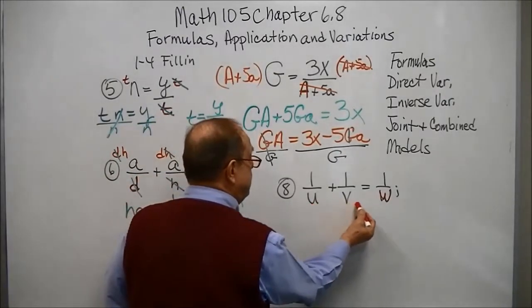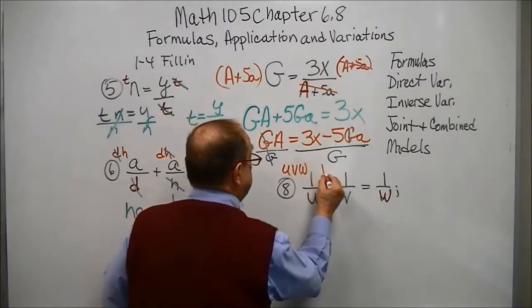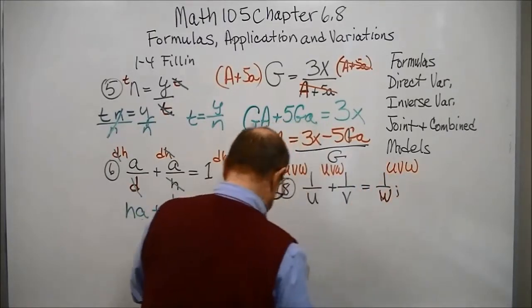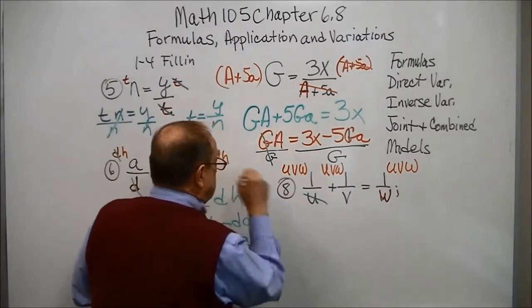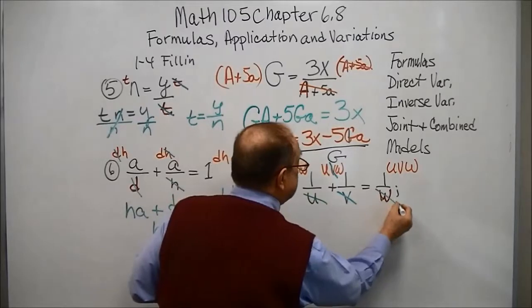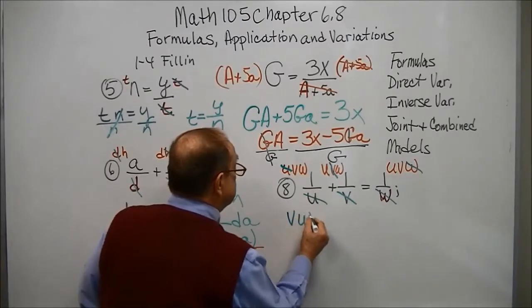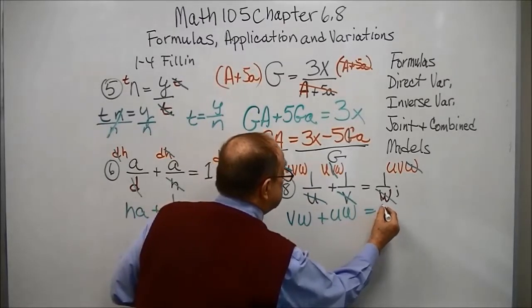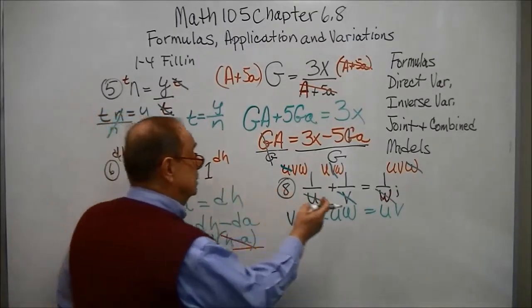Well, U, V, W. Now, we cancel out the U. Cancel out the V. Cancel out the W. So we now have VW plus UW equals UV. And we want to solve for W.